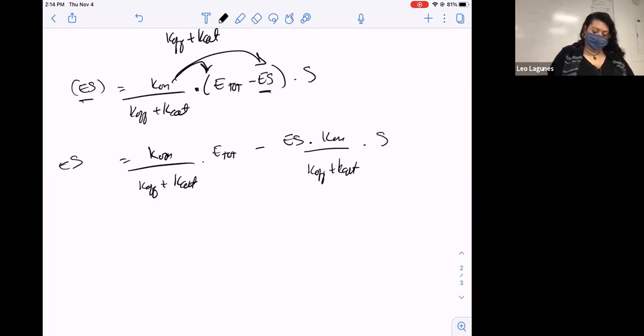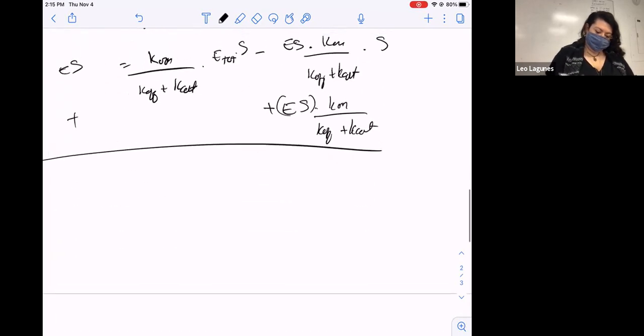Oh wait, substrate over here too. So let's add this one, sorry, that's the complex, K on, K off plus K cat, to both sides.